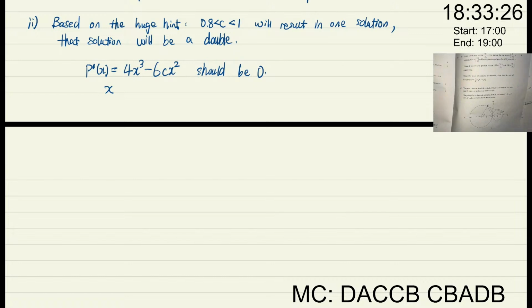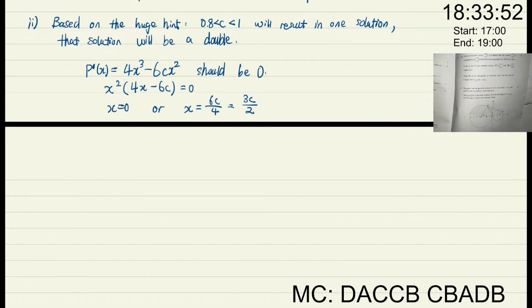x squared times 4x minus 6c equals 0, so x equals 0, or x equals 6c over 4, which is also 3c over 2. Now x equals 0 is ridiculous because we know that is not a zero of that quartic.